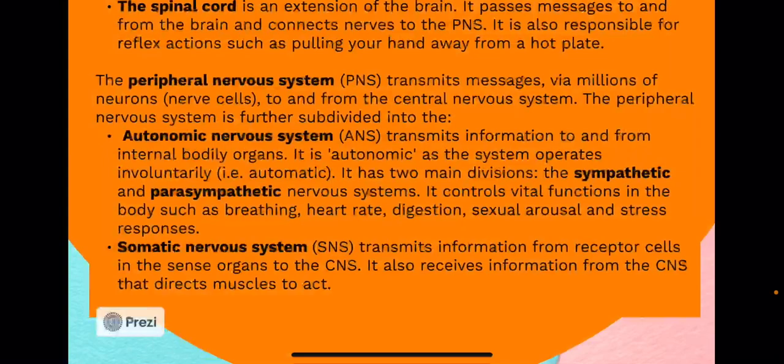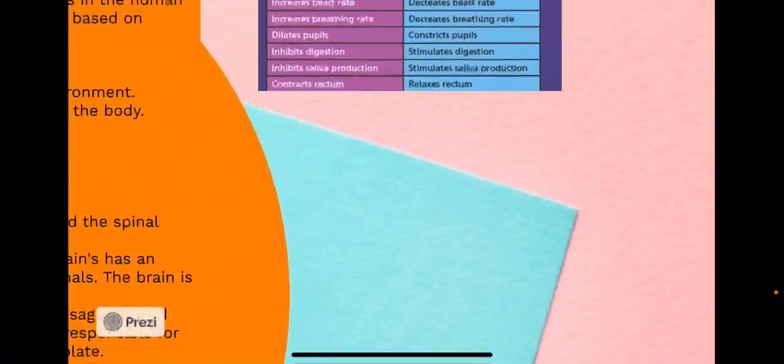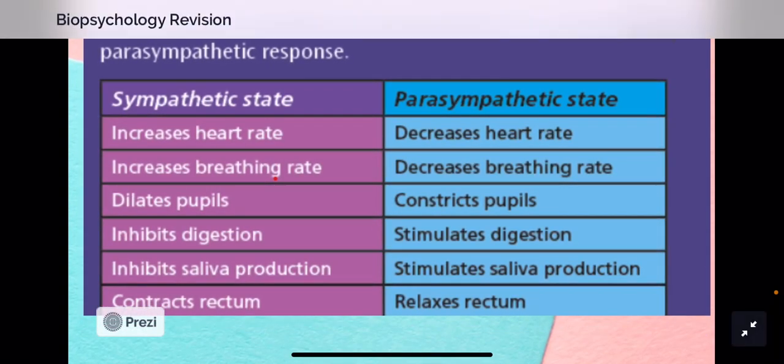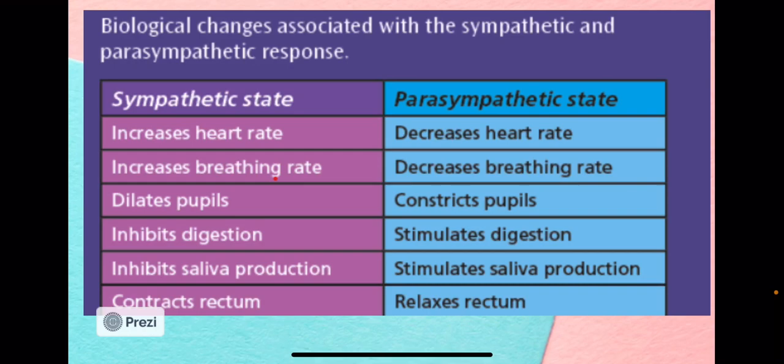We've got some information about the sympathetic and parasympathetic divisions here. These are biological changes associated with the sympathetic and parasympathetic response. The sympathetic state increases heart rate, increases breathing rate, dilates pupils, inhibits digestion, inhibits saliva production, contracts rectum.